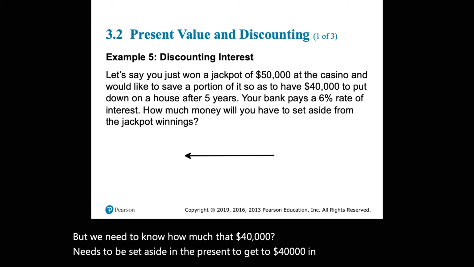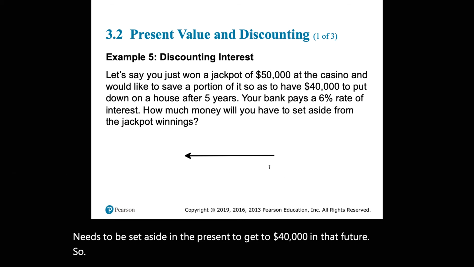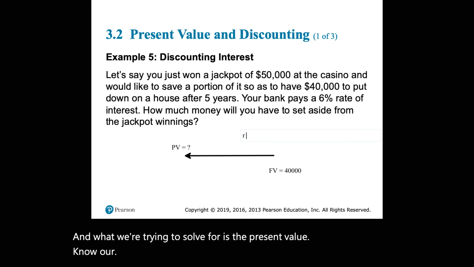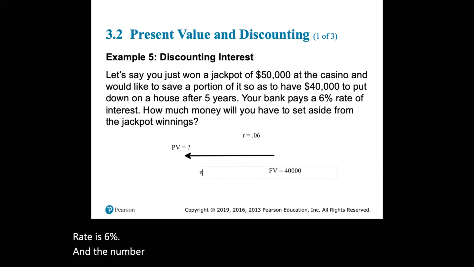So the future value is $40,000, and what we're trying to solve for is the present value. We know our rate is 6%. And the number of years, okay, so the discount period in this case is 5.